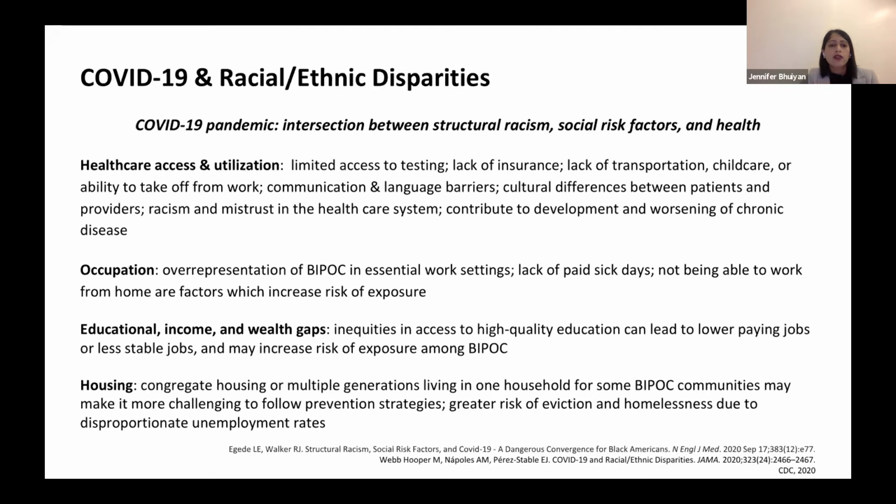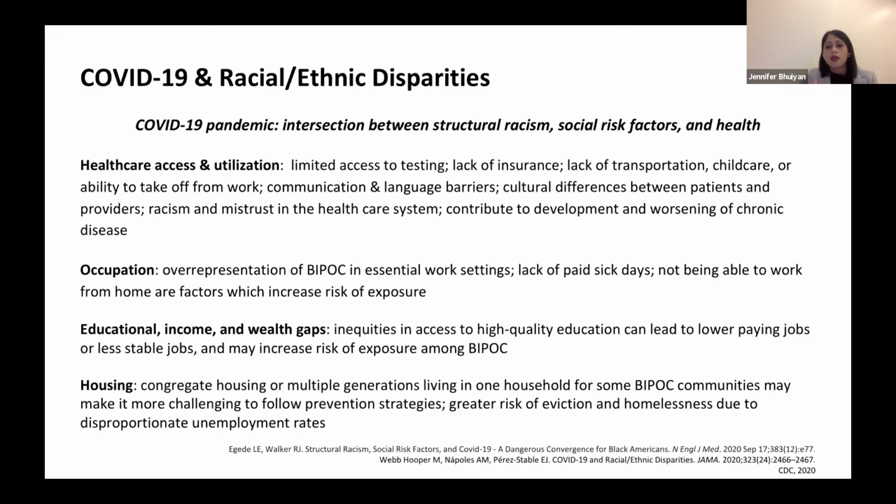I've listed several factors here that can influence the risk of not only getting sick with COVID and getting exposed to COVID, but also those risk factors that can influence one's likelihood of developing chronic disease, like diabetes or hypertension or heart disease, that can actually contribute to an increased risk of severe illness with COVID-19, as well as a risk of death from COVID-19.